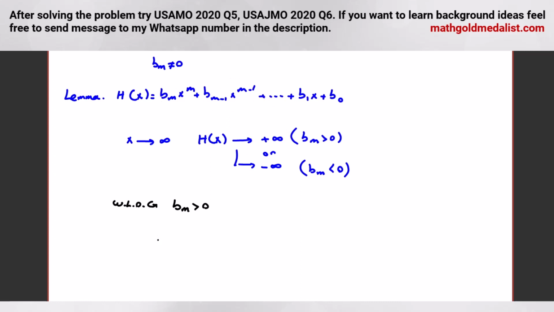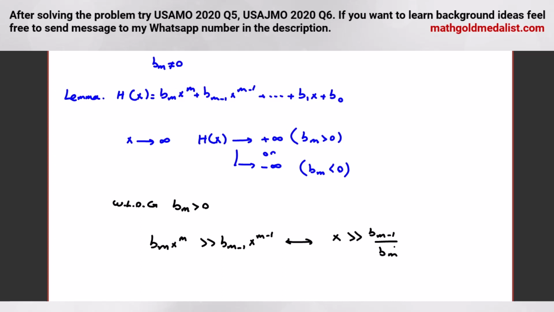If I want bm xm to be so much larger than bm minus 1 xm minus 1, it is equivalent to x being so much larger than what? x so much larger than bm minus 1 over bm.